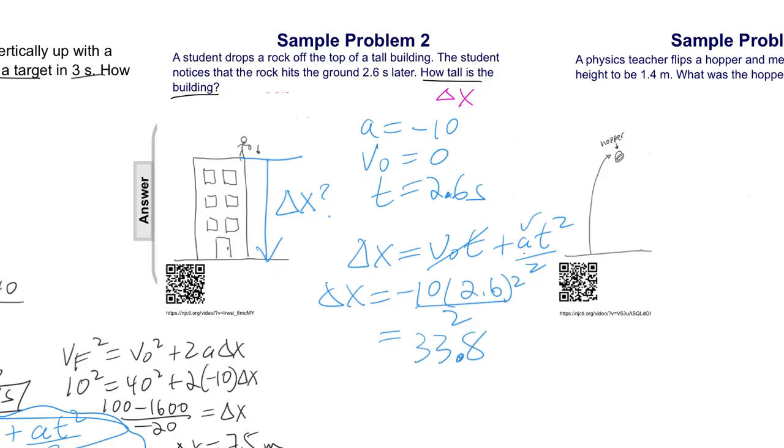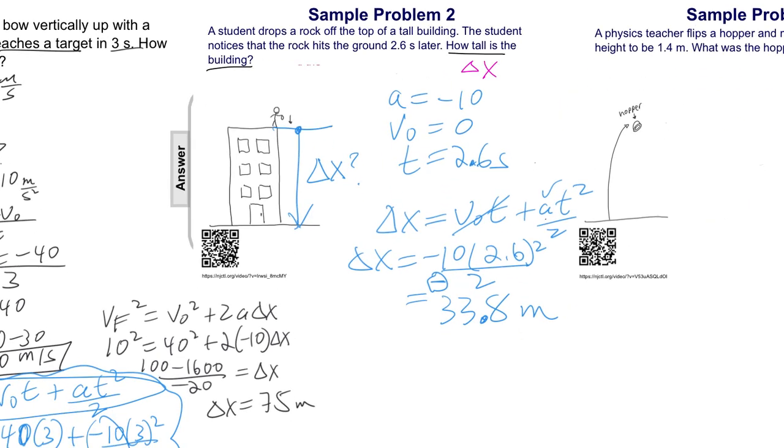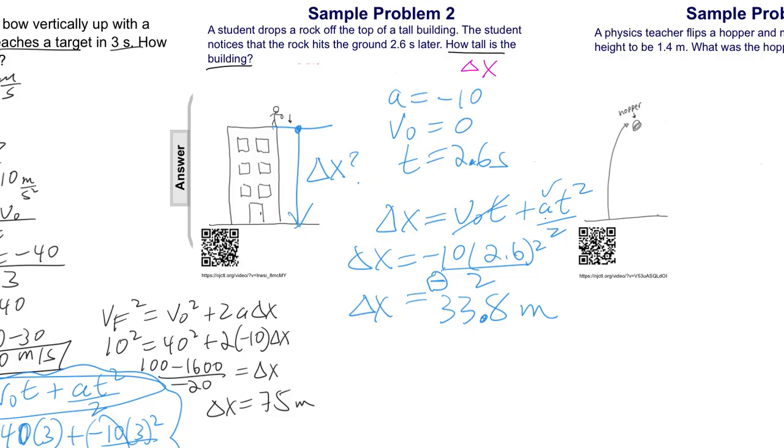Actually negative 33.8 because it's from the start to the finish, going downwards, 33.8 meters. That's the displacement. So the height, you don't have a negative when you talk about scalars like height.